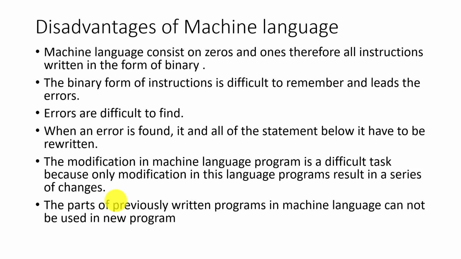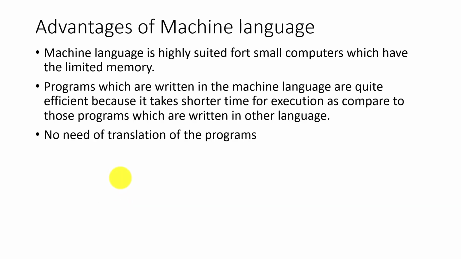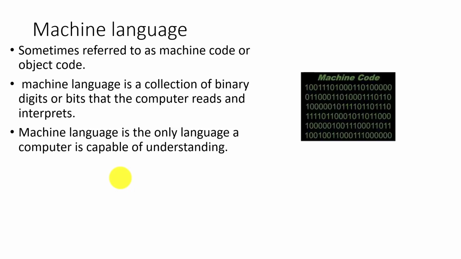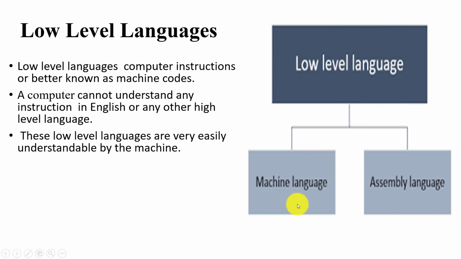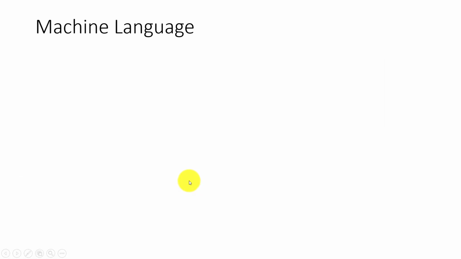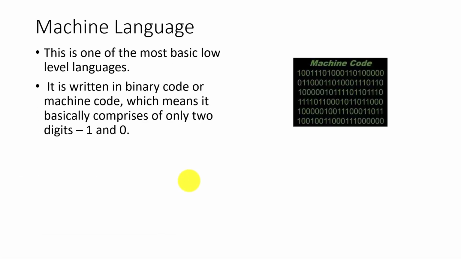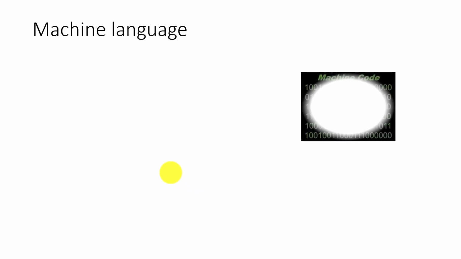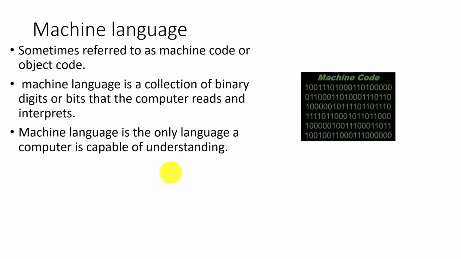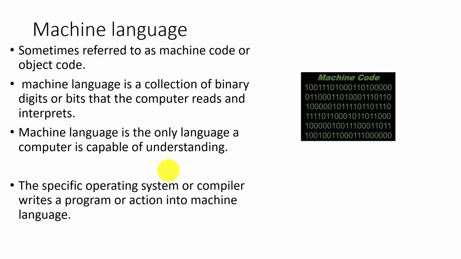So in this video we discussed what low level language and high level language are, why they are used, and the two categories, machine language and assembly language. Machine language is nothing but machine code, and it comes under the low level category. It is written in 0 1 form and the machine can understand it directly.